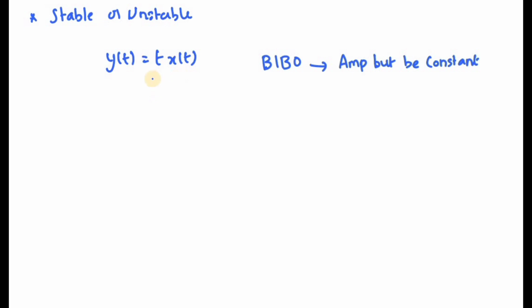Since x of t is multiplied by t, the amplitude gets varied. Therefore it is an unstable system.